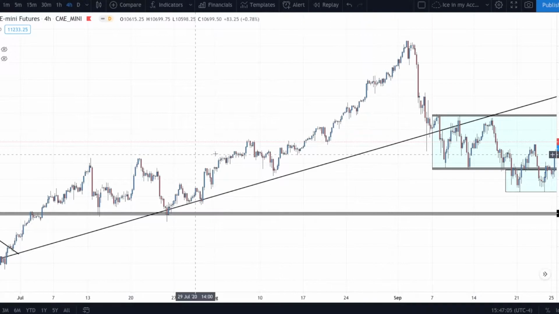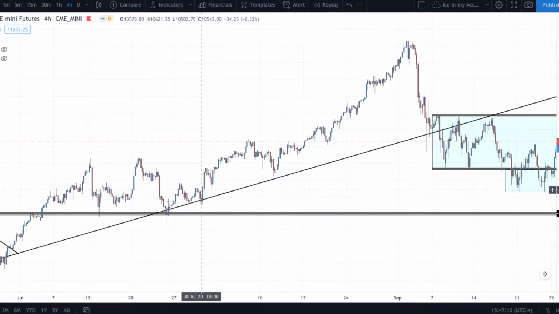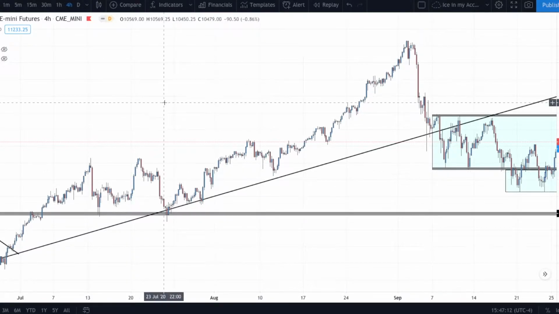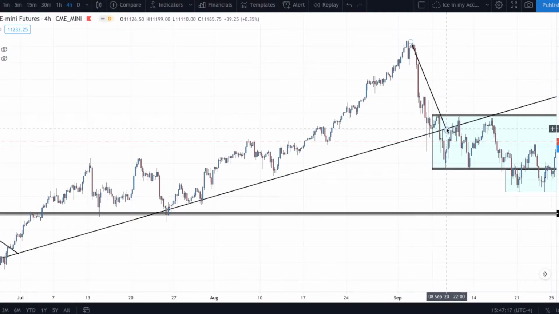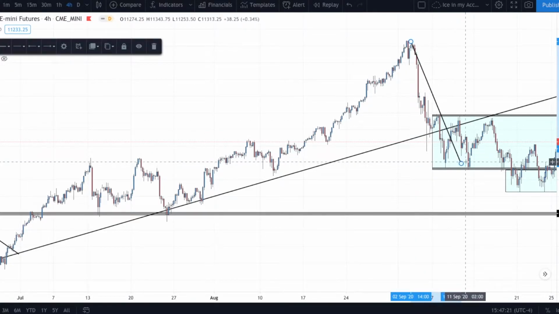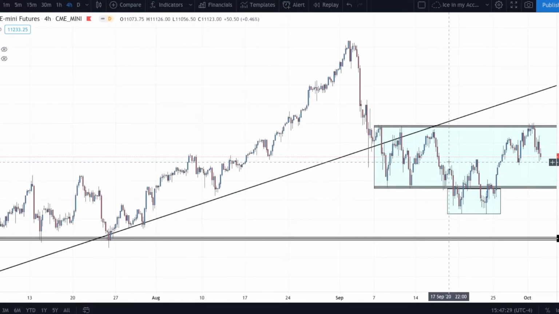As I said, this is a change in a major trend because we broke out of the major trend line. So this could be our micro trend right here, but our micro trend line wasn't broken until the major trend line was broken. So we're actually changing direction right here. I hope you kind of understood that.